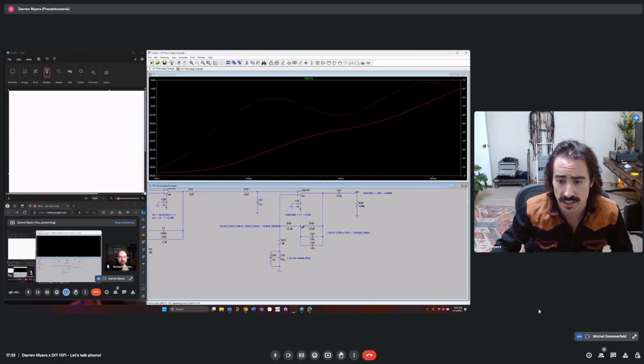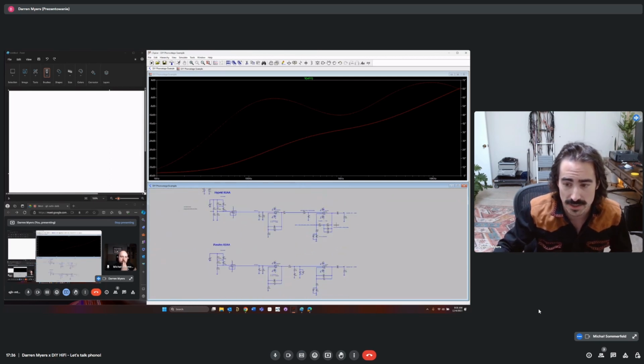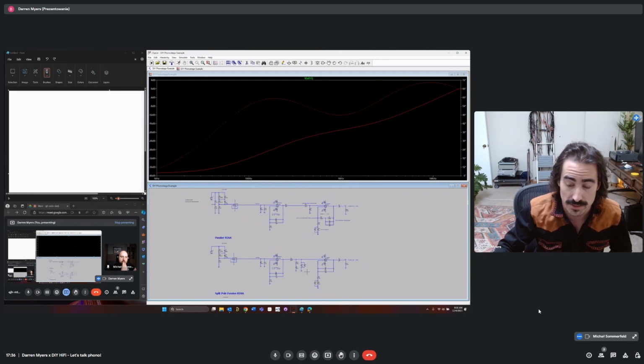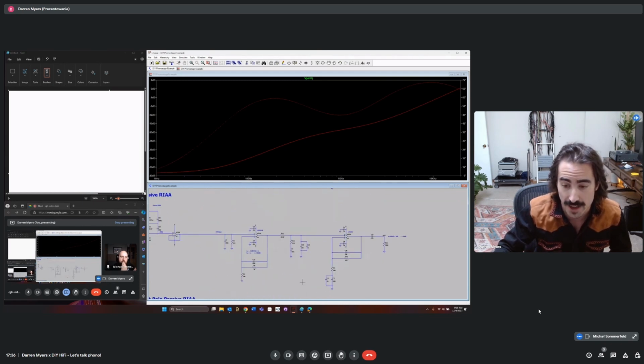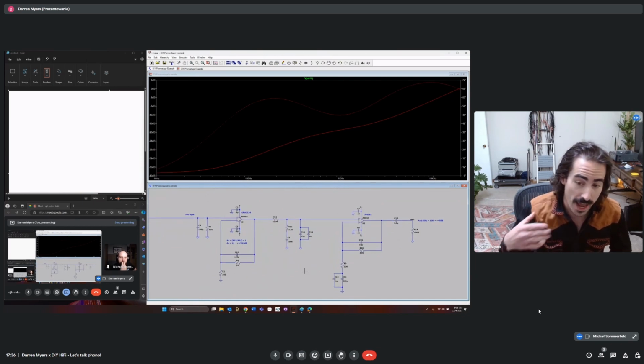Here we're changing the amount of feedback. That's how this works: you're changing how much feedback is applied versus frequency. And like we said, it can be advantageous to have a flat correction curve, and the passive designs actually do that.